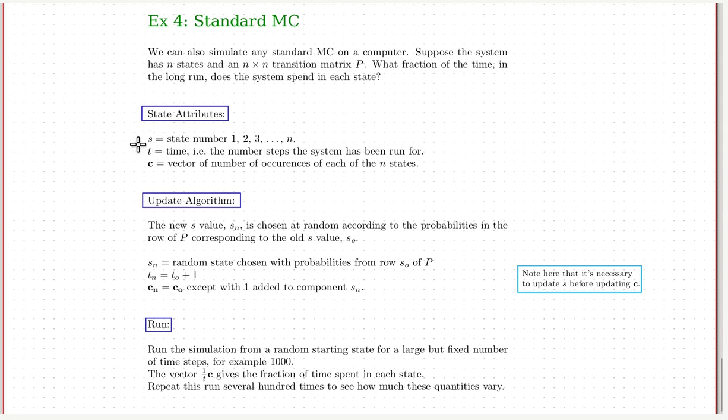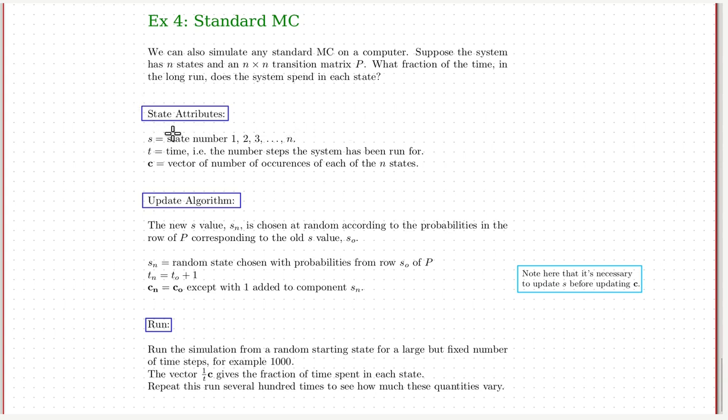Well, also, by the way, this might be a little confusing. We have to distinguish between the states that we're using for our simulation and the states of the original Markov chain. In the original Markov chain, there were only n states, but in the simulation, the states are more complicated.